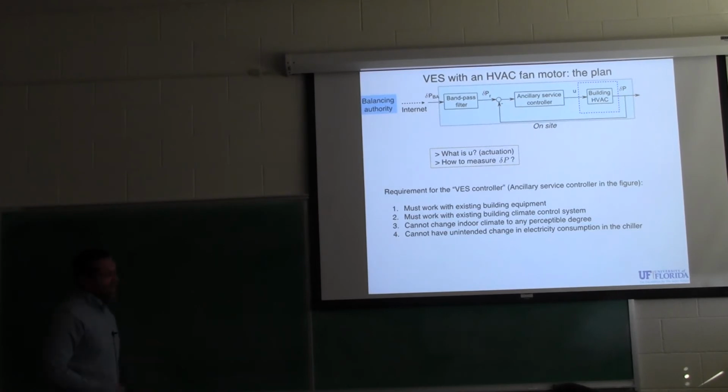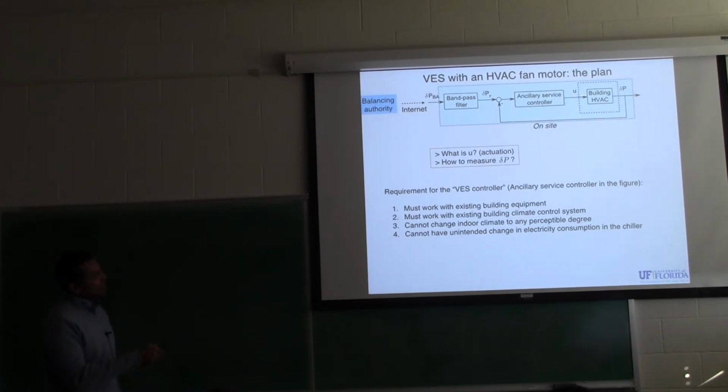Of course, every building can only provide a few kilowatts. So first, you have to band pass filter it and create a reference for the building. So what is this reference for? Is the reference for the power deviation of the building from its own baseline, right? So somehow there we have to design a controller. We call it ancillary service controller. You can call it VES controller, virtual energy storage controller.